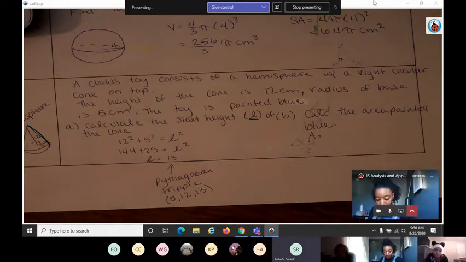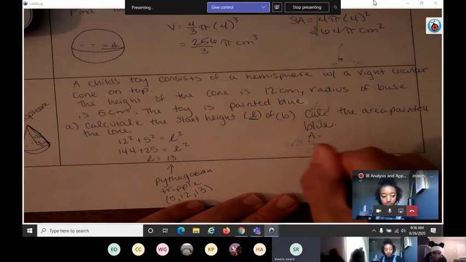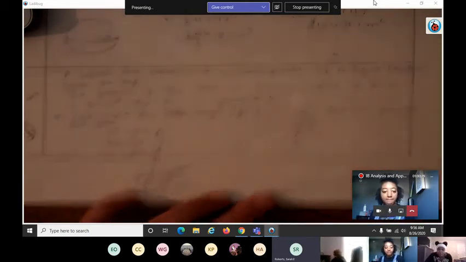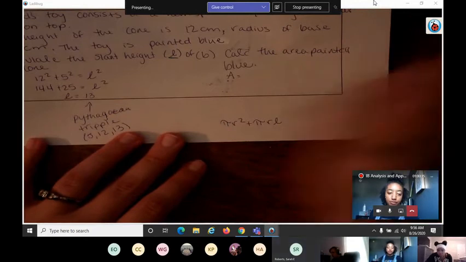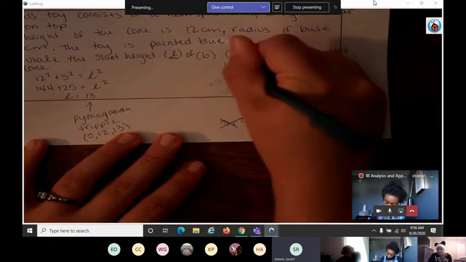So surface area of a right cone we said was pi r squared plus pi rl. Which one of those represented the base? Pi r squared. Yeah, so that's the one we need to get rid of, because we aren't painting that. That's on the inside. So we're going to have pi rl.